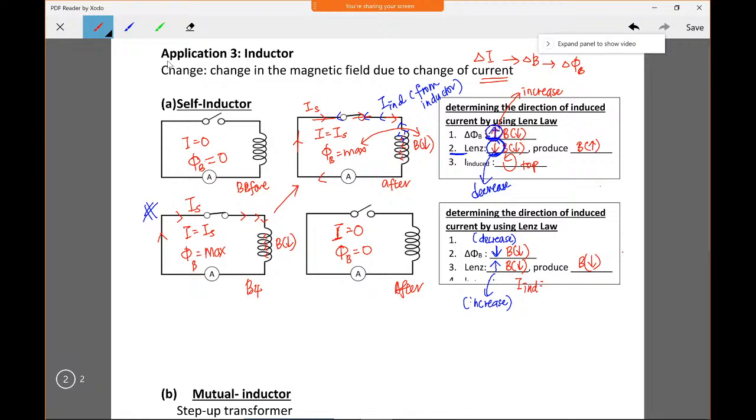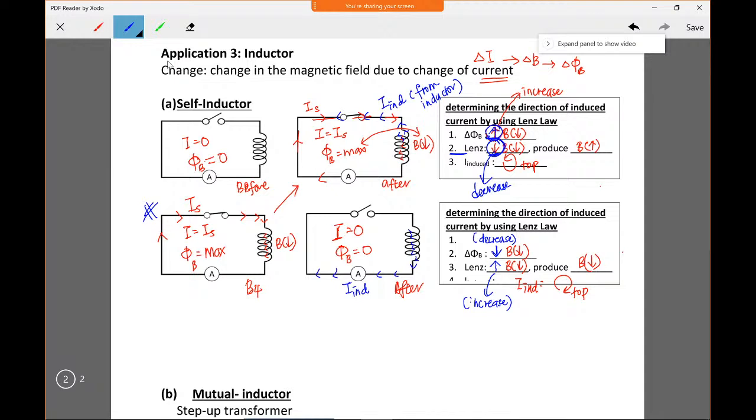Using your right hand grip rule, thumb going downwards. Now look at your fingers. It is actually clockwise from the top view. So label the induced current in your diagram, clockwise on the top view, like this. That will be your induced current. It's actually the same direction as the current from the power supply.